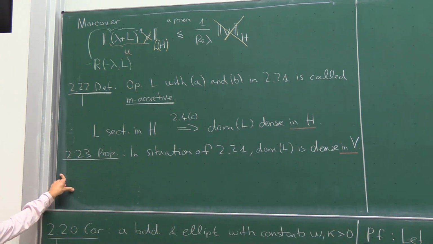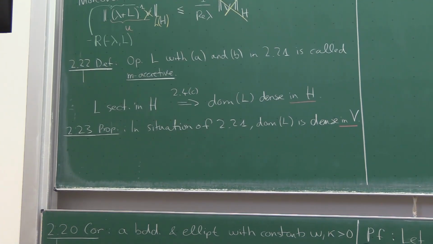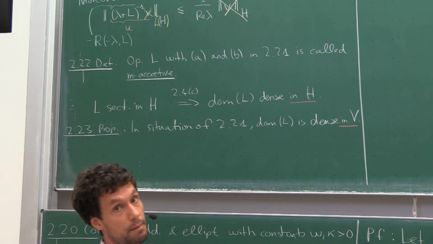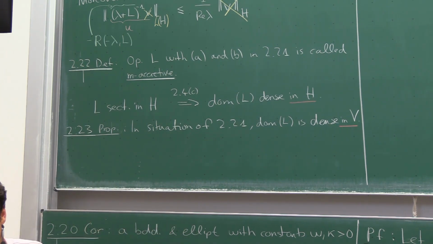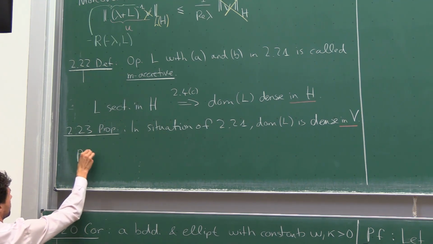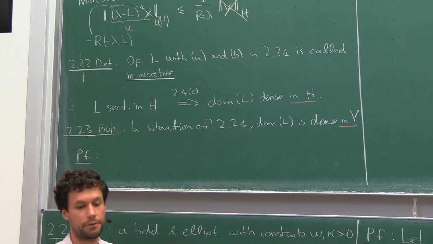By construction, the domain always is a subset of V because it was defined as all elements in V such that blah, blah, blah. And now it's even dense. Okay? So how do we prove that? It's not completely intuitive why that should be true.